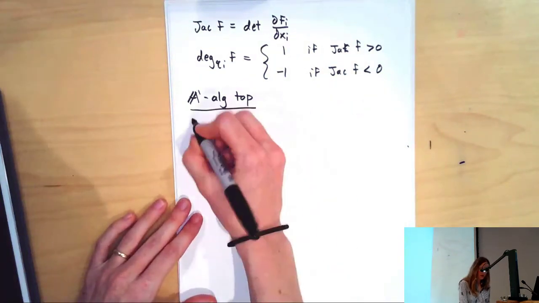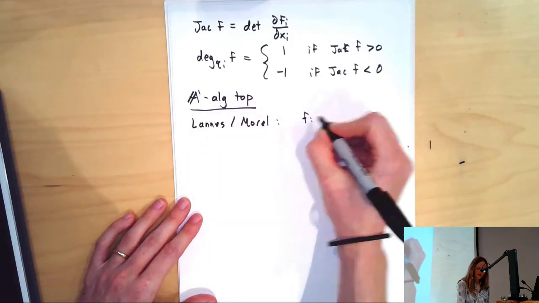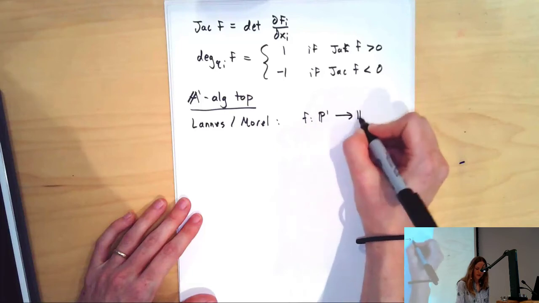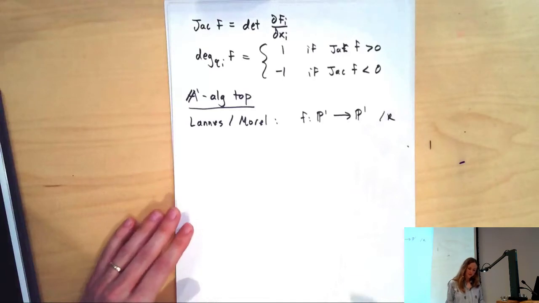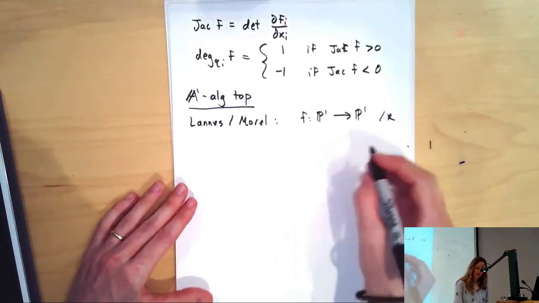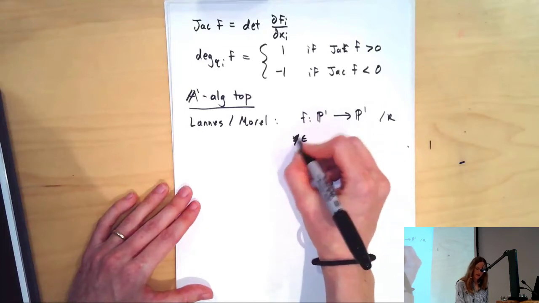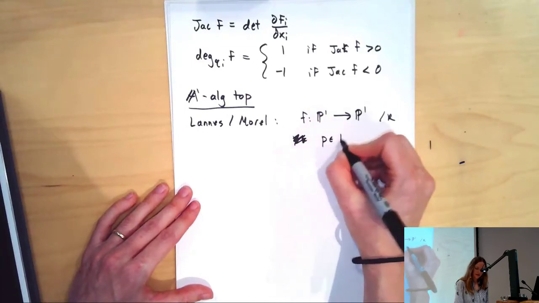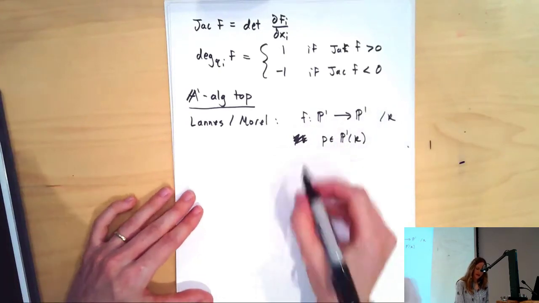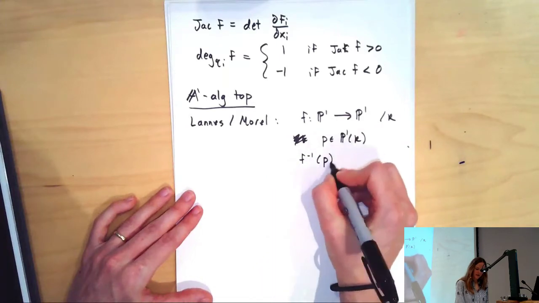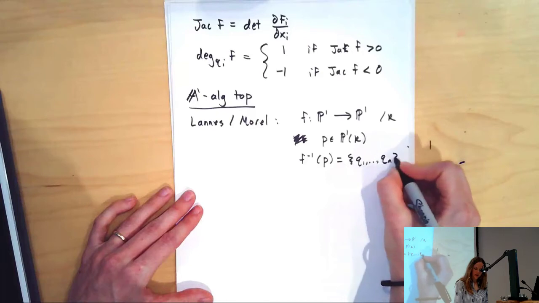So take f from P1 to P1 over a field K, take P a k-rational point of P1, and let's say f inverse of P is Q1 through Qn.